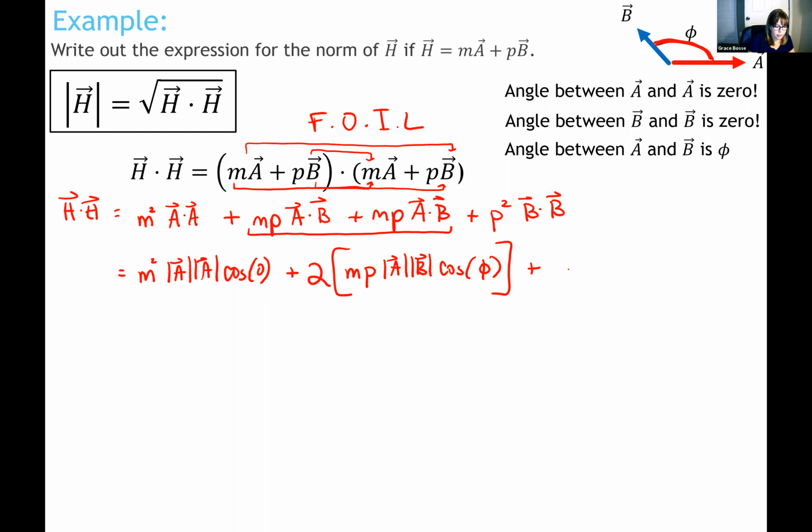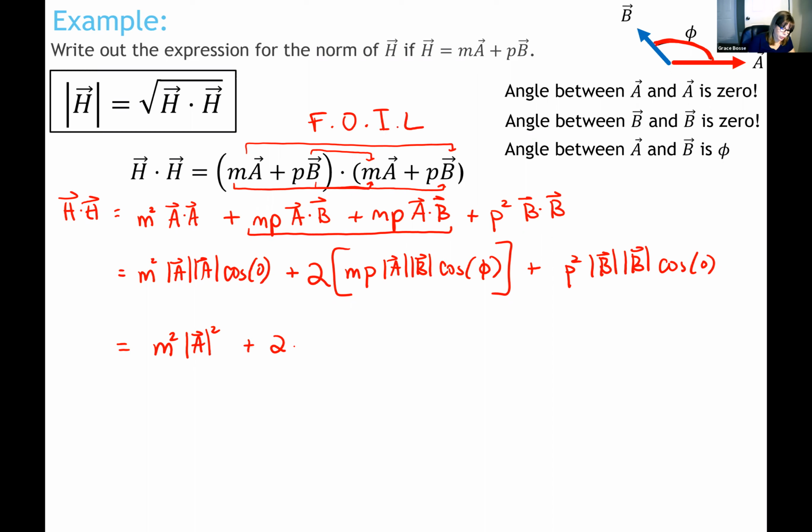So those are my two middle terms. And now my last term, I have p squared, norm of vector b times norm of vector b times the cosine of 0. Plug in, show me that you know what the cosine of each of these angles is, that you know what those angles are, that they're different for each term. Let's keep on going. I'm just going to simplify a little bit more. I have m squared, norm of vector a times the norm of vector a, I can just write as the norm of a squared.